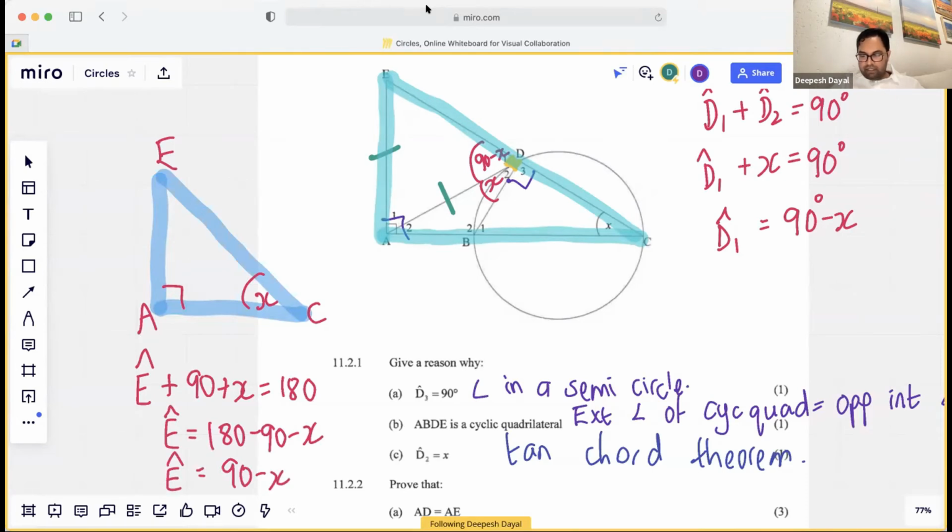Okay. So we know that E equals D1, and we've proven it now that AD equals AE, right?